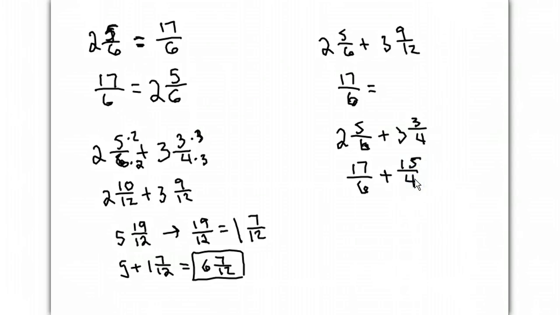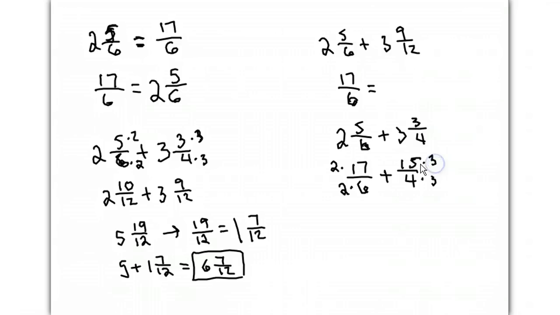So, in the same situation, what's the common denominator of 6 and 4? It's 12, or that is a common denominator. You can also use 24 or 48, those types of numbers as well. As long as both of these numbers will divide into it, that's a common denominator. So to get 12 on the bottom of the first fraction, I multiply by 2. And whatever I do to the bottom, I do to the top. To get 12 on the bottom of the second fraction, I multiply by 3.